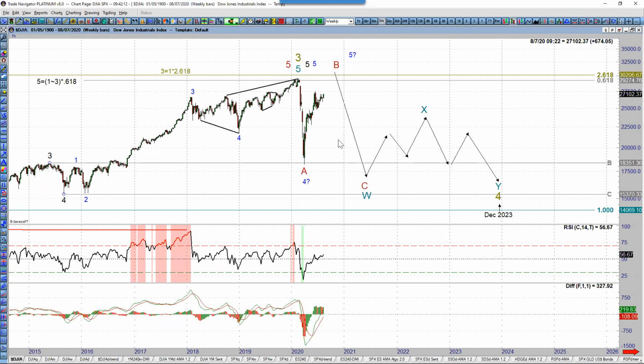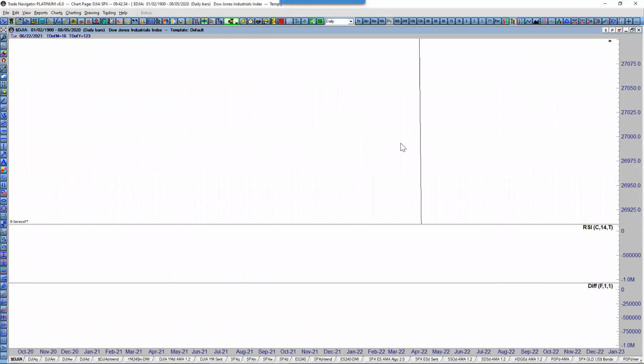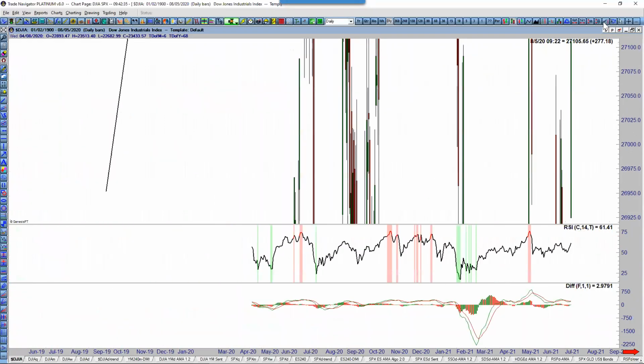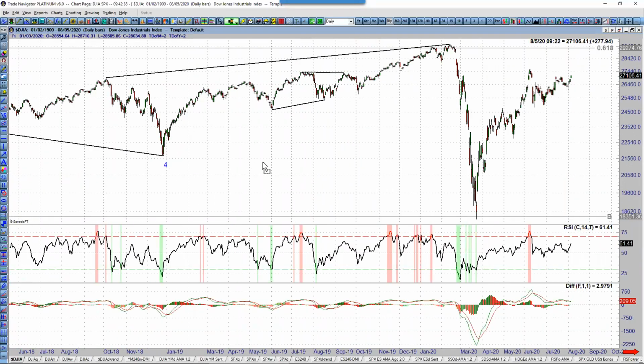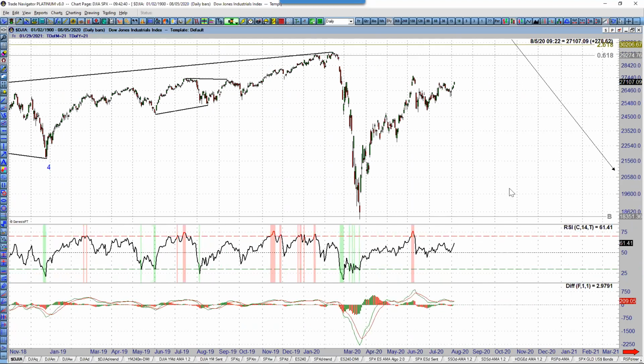And then you could get the combination correction down through December 2023 starting with a flat that would have a slight new high inside of it. Based on what I've seen of the upward movement so far in the Dow Jones Industrial Average, that count has potential.